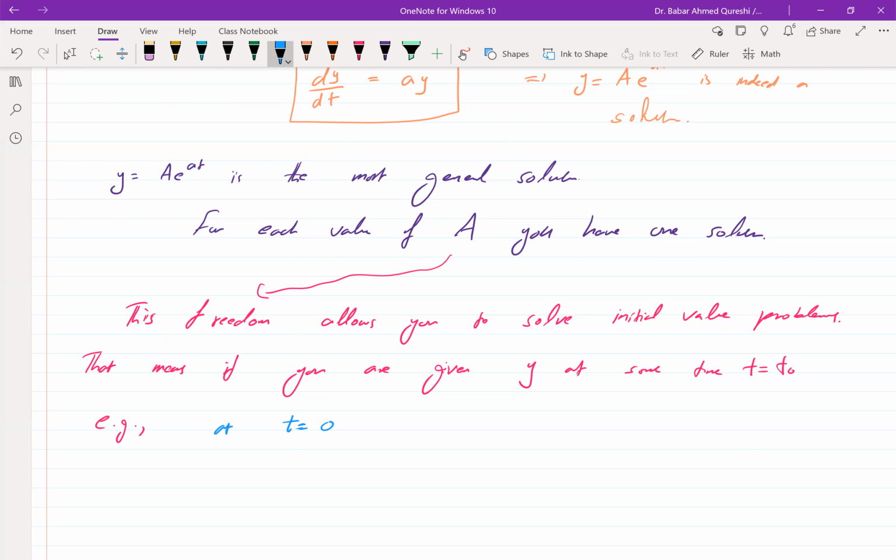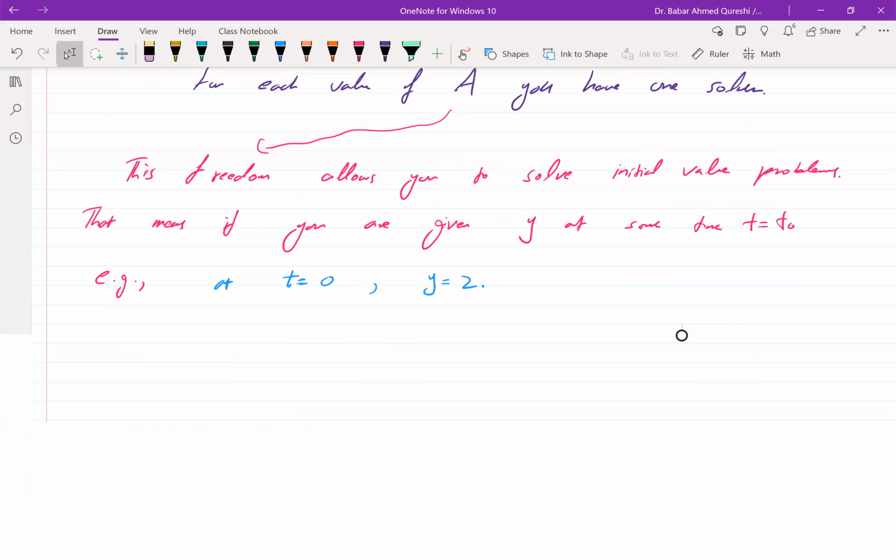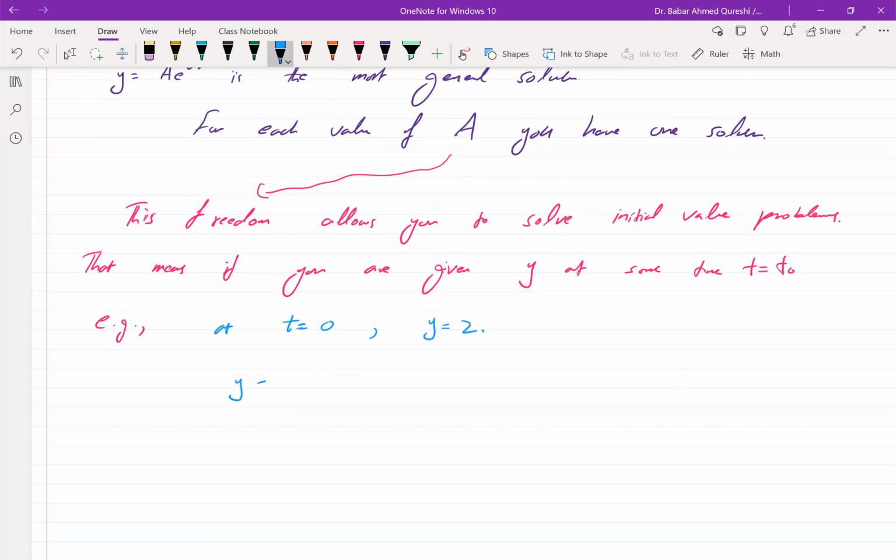So if, for example, you're told that at t is equal to 0, y is equal to 2, then in your solution, y is equal to A e to the a t, you put t equal to 0, gives you 2 is equal to A e to the a times 0. At t is equal to 0, you just put it over there.